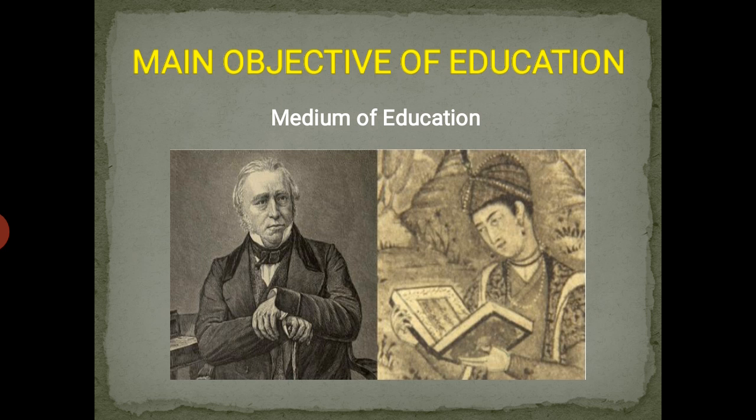This would change their taste, values, and culture and develop a taste and desire for British goods and commodities. They could earn huge profit, which was the main objective of the East India Company. Okay, students, so this was the strategy of Lord Macaulay.